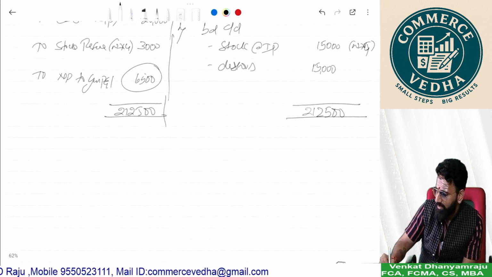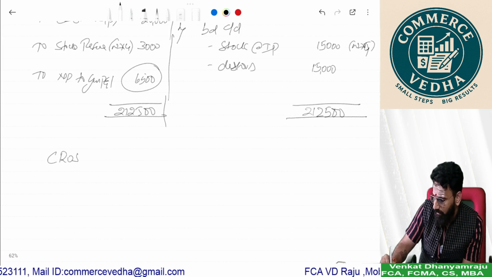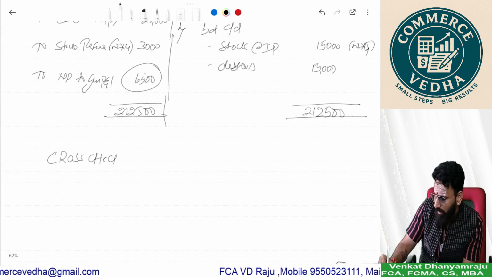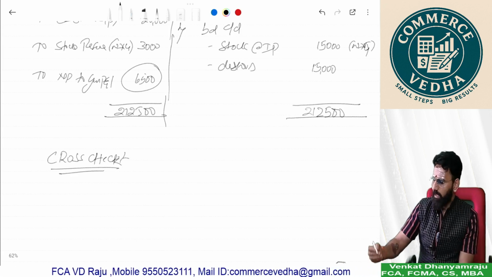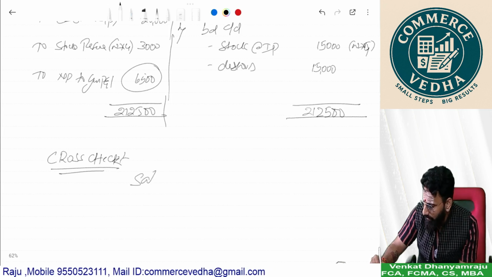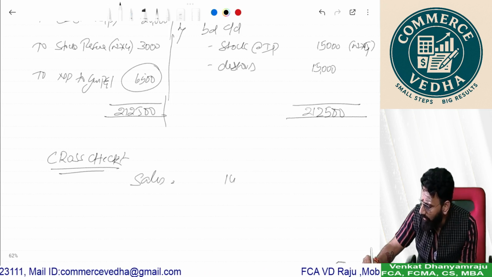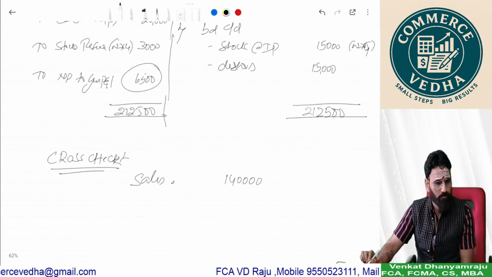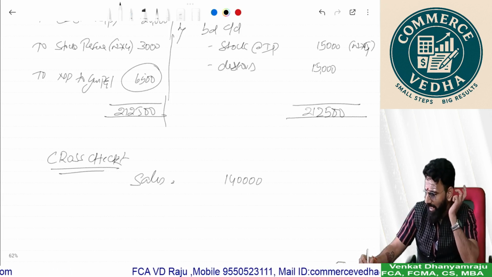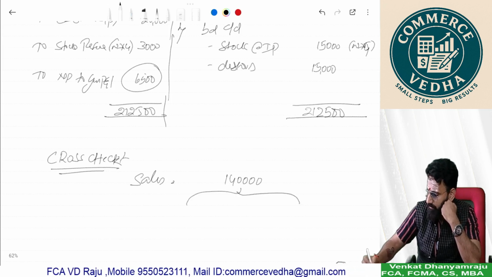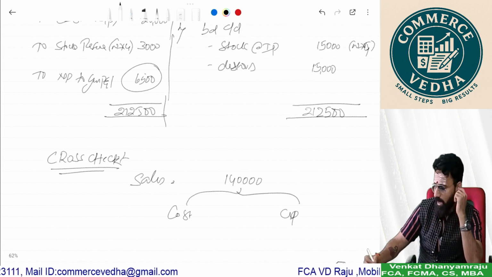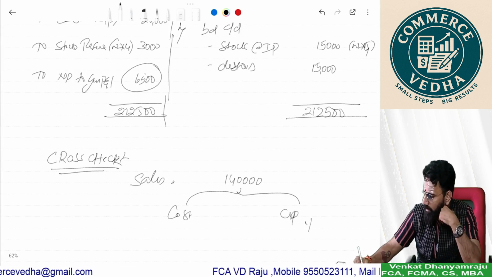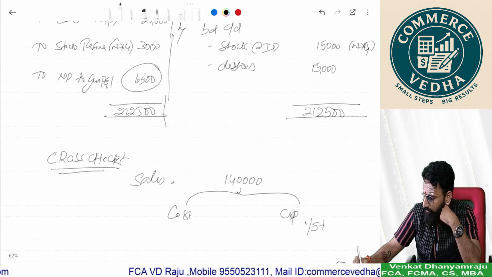Let us cross check the profit. This no textbook will give. You need to understand on your own. See, sales were 1,40,000. Right? Sales has two elements: cost and gross profit. And the gross profit is 1/5 on sales.